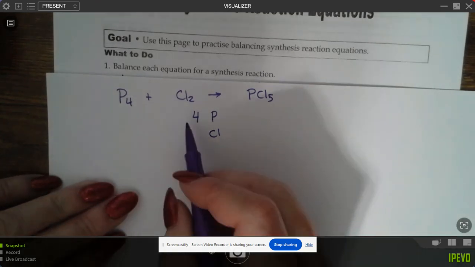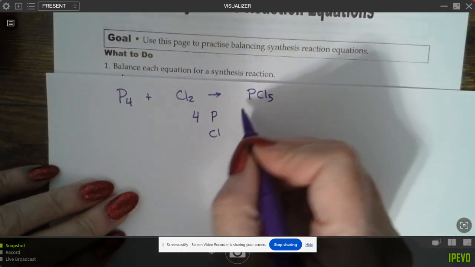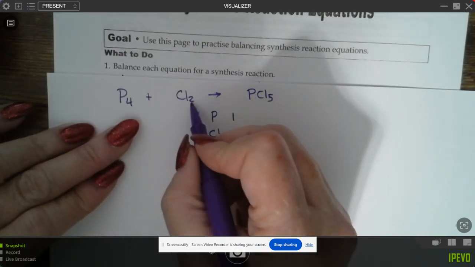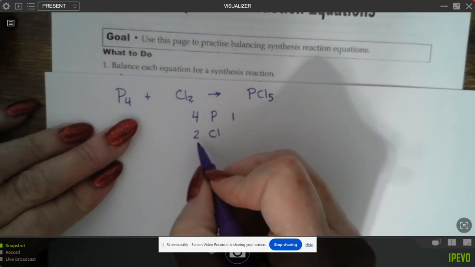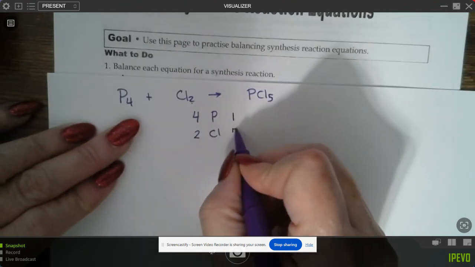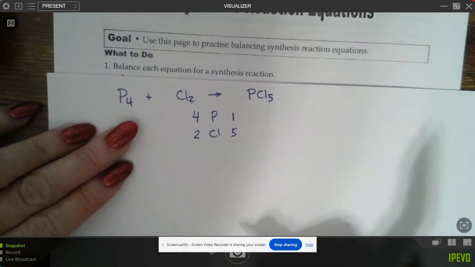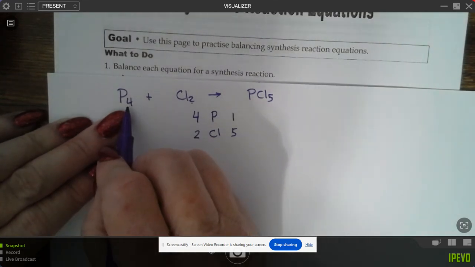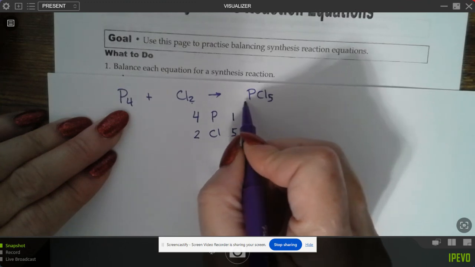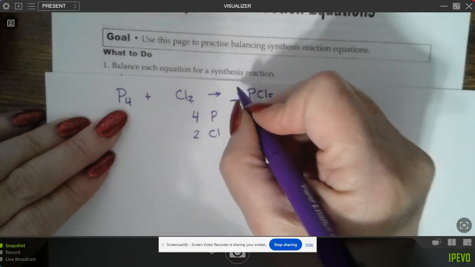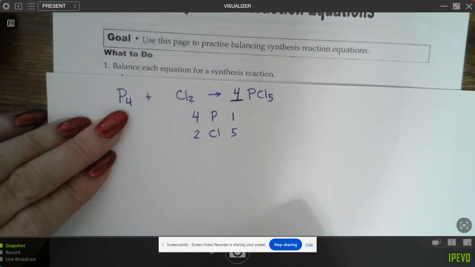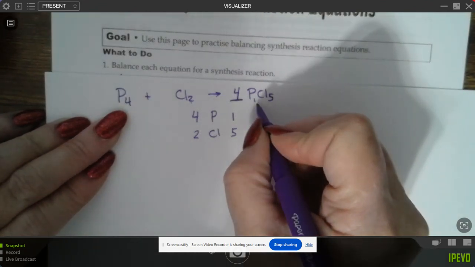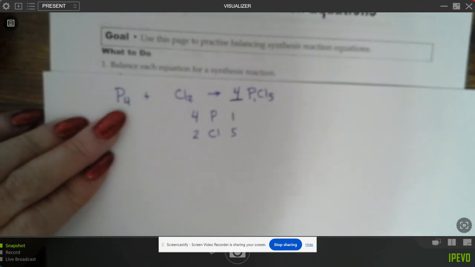Okay, so I have 4 phosphorus. Over here, I have 1 phosphorus on the product side. All right, here I have 2 chlorine. Here I have 5 chlorine. Okay, so if I look at this, if I have 4 phosphorus here and only 1 here, if I put a 4 in front of that PCl5, and remember, if there's not a subscript, it's like there's a 1.